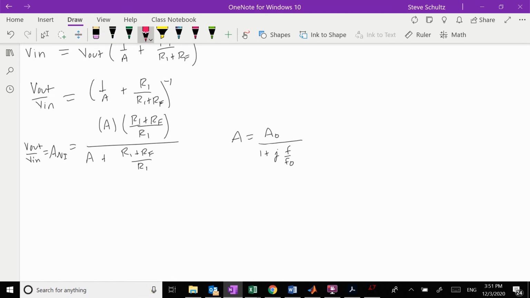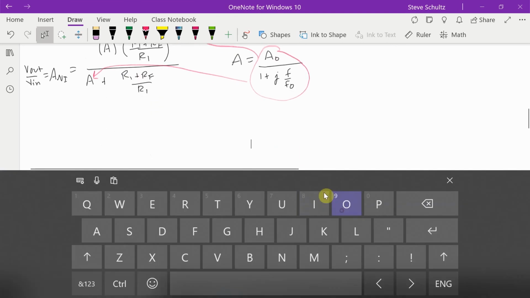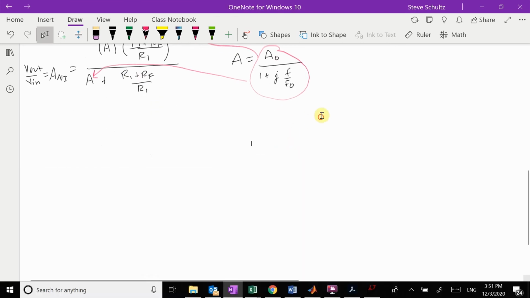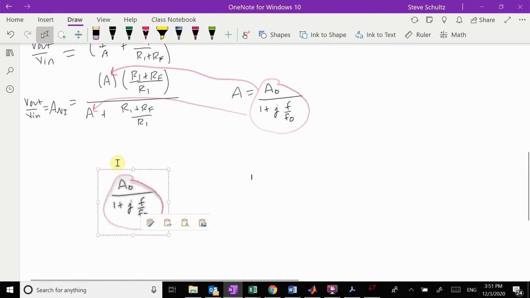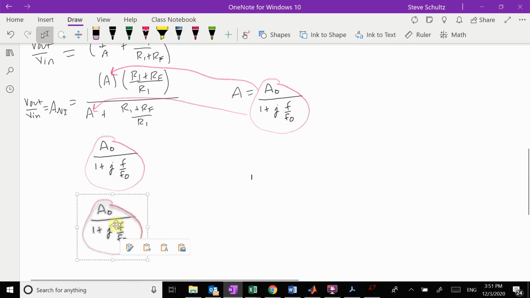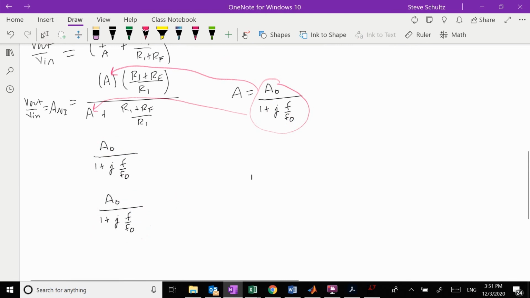So then we're going to take this and plug it in for here and plug it in for there. Okay, so we're going to take this piece here and multiply it times this piece here.